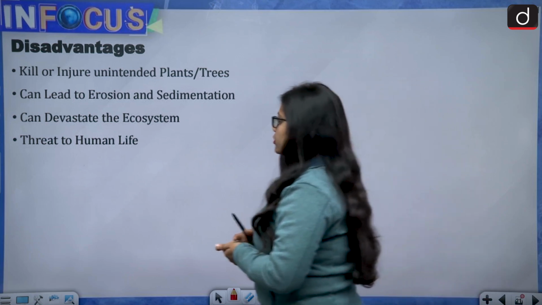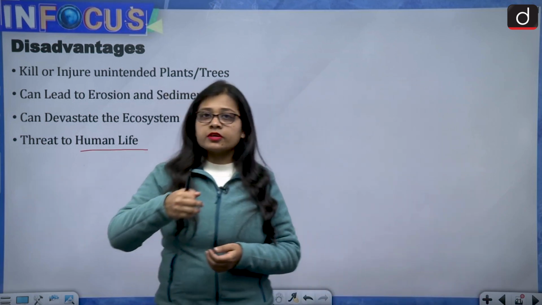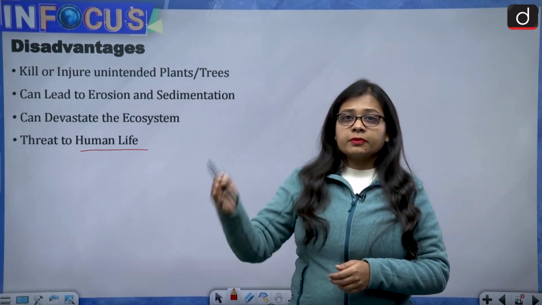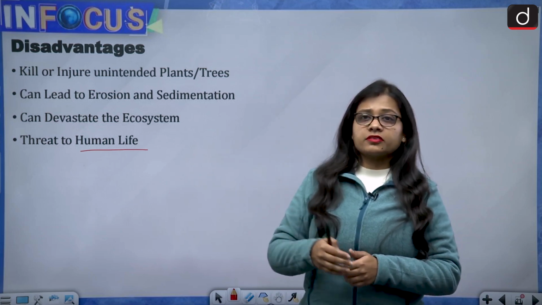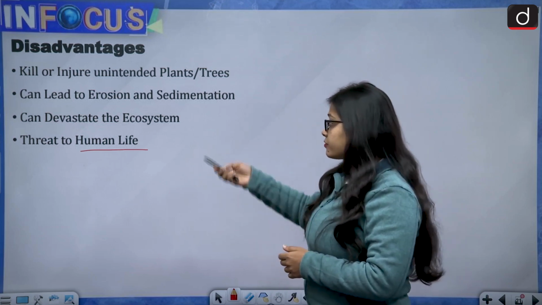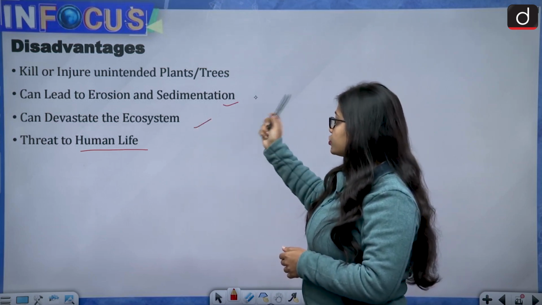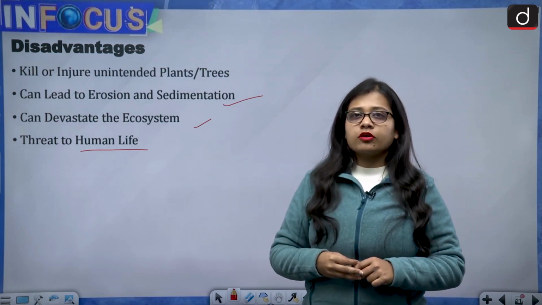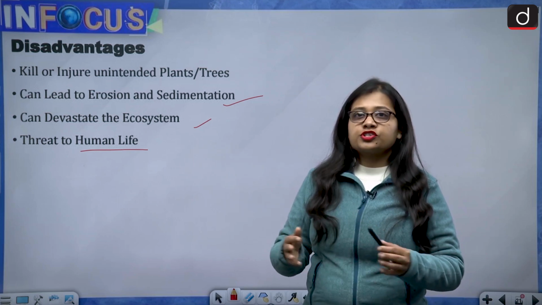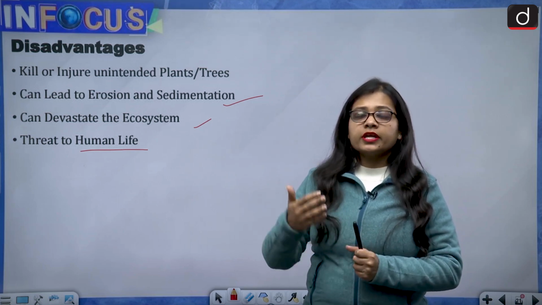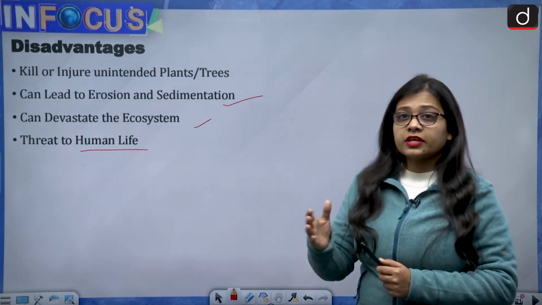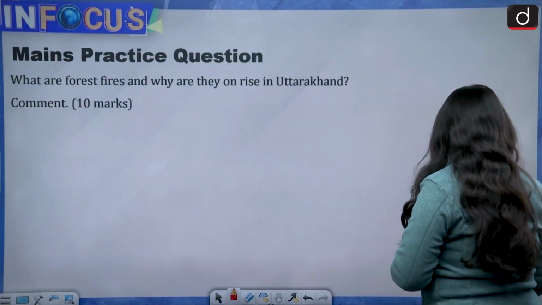And it is also a threat to human life, because if it reaches an area where human population is living, it becomes extremely difficult to suppress the fire. It can devastate the ecosystem and lead to erosion and sedimentation, because the primary level of trees or shrubs gets destroyed, and then the vegetation takes a lot of time to start again from the primary level.